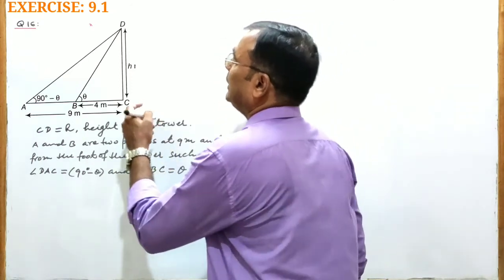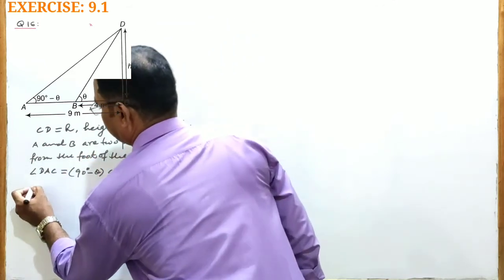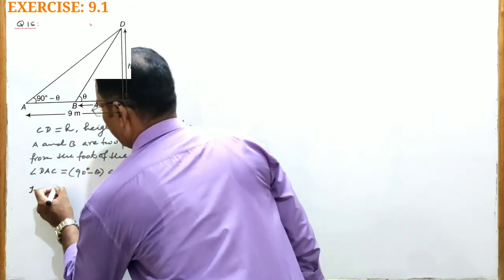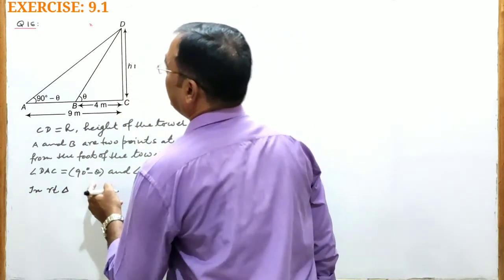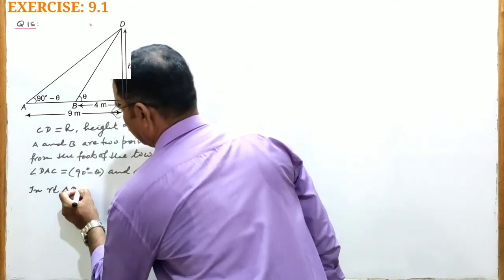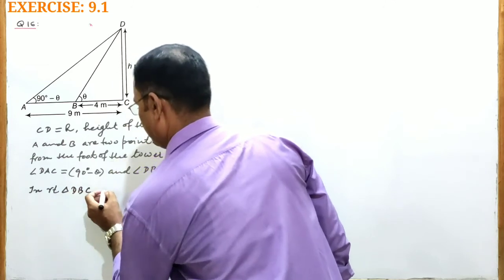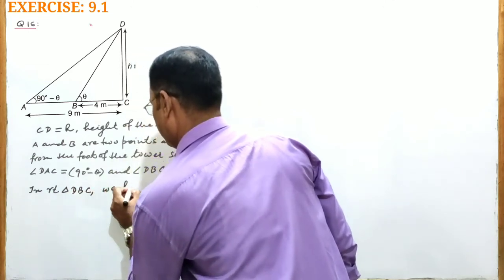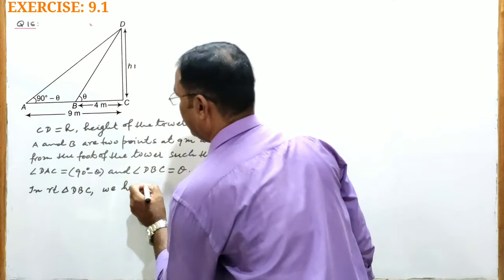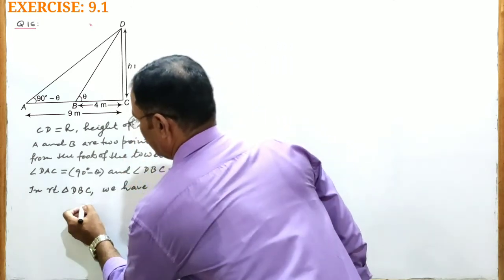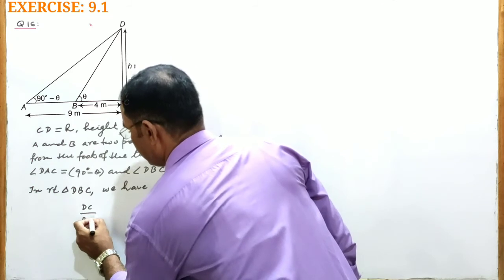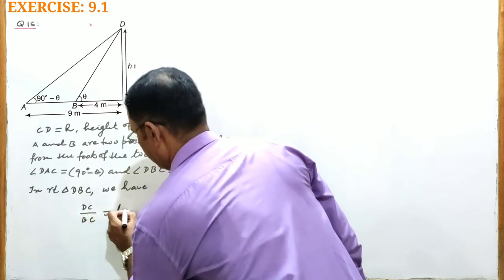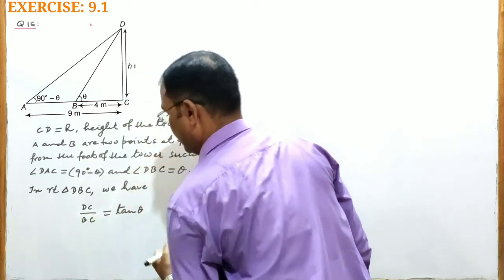So in right triangle DBC we have DC by BC equal to tan theta.